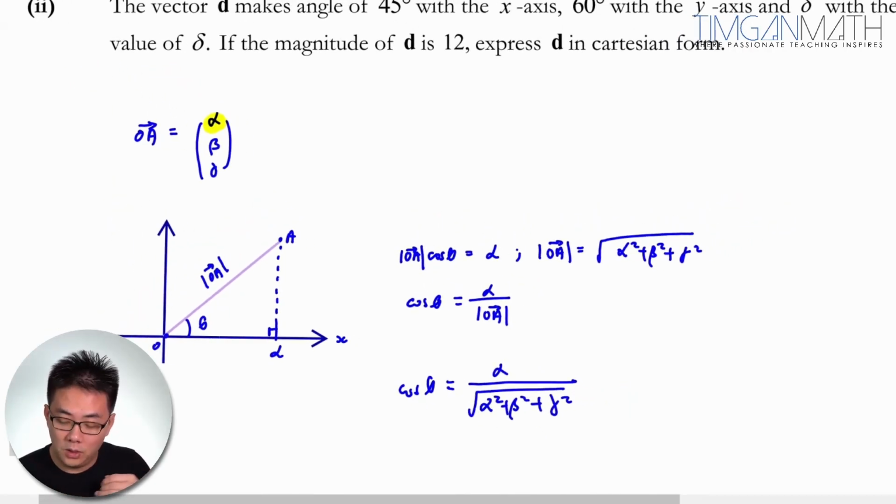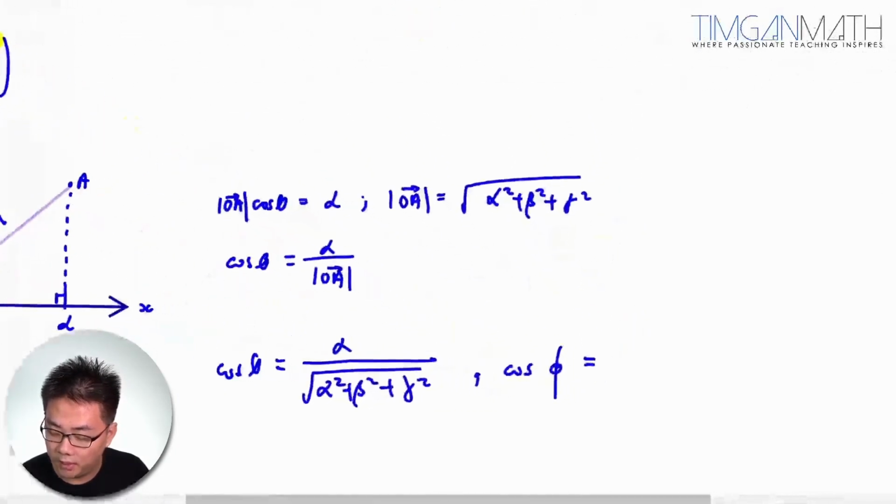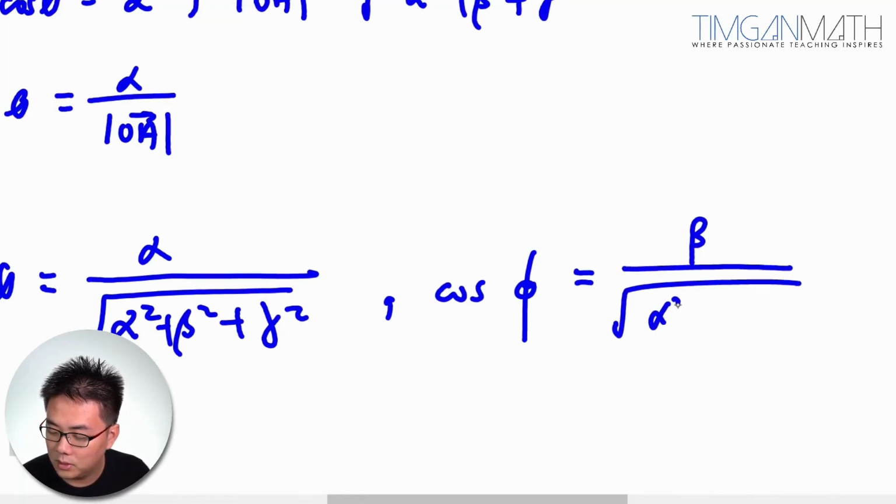If you do the same for the y-axis, where the angle is phi, you get cosine phi as beta over the same square root.